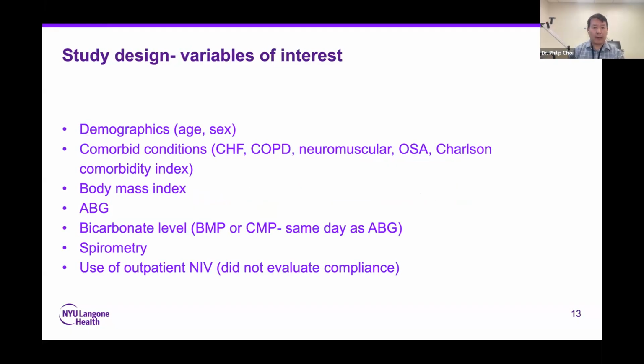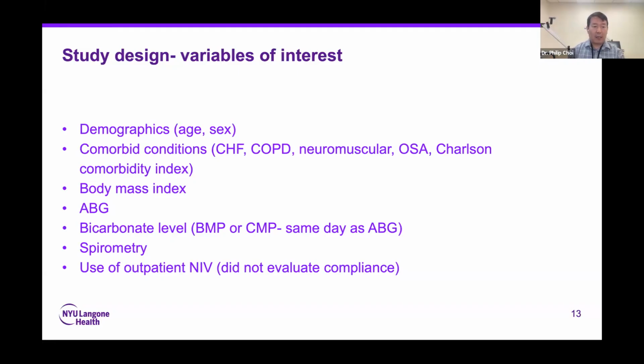And so we were looking at demographics like age and sex. We looked at whether they had comorbid conditions that might contribute to alveolar hypoventilation, including congestive heart failure, COPD, neuromuscular disease, OSA. And we also calculated their Charlson Comorbidity Index, which is a composite score that looks at 10-year post-hospitalization mortality.